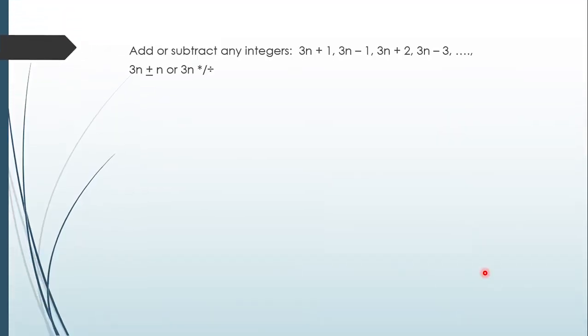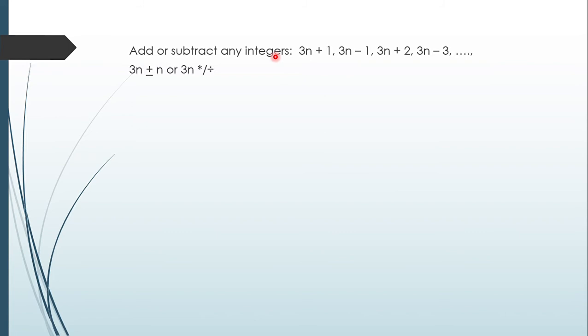Okay, next. Add or subtract any integers. Yung formula natin is 3n. Yung sa previous, saan nakuha yung 3? Dito sa first differences. Saan nakuha yung n? Magle-let ka ng variable to represent the original number. So, ganun lang always. Ang gagawin mo, mag-add ka or subtract ka ng any integers.